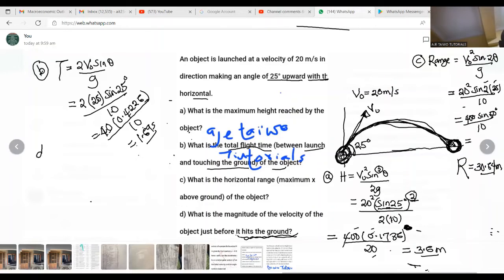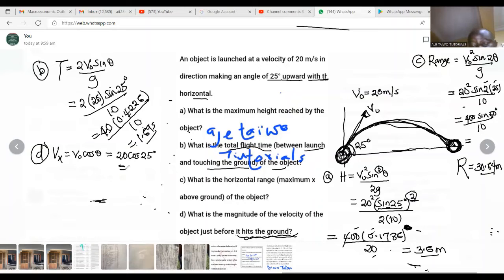We look for Vx. Vx is always V naught cos theta. And V naught is what? 20. Then cos theta, 25 degrees.